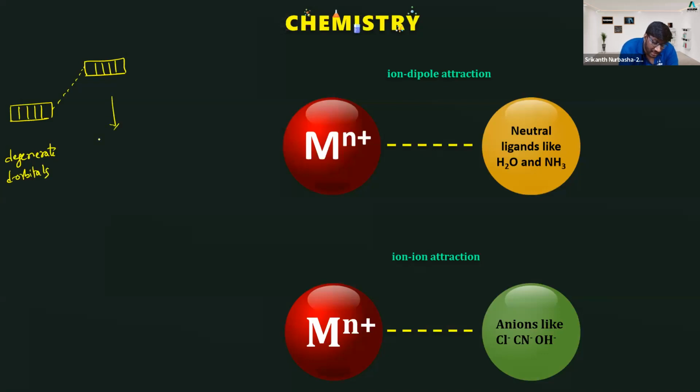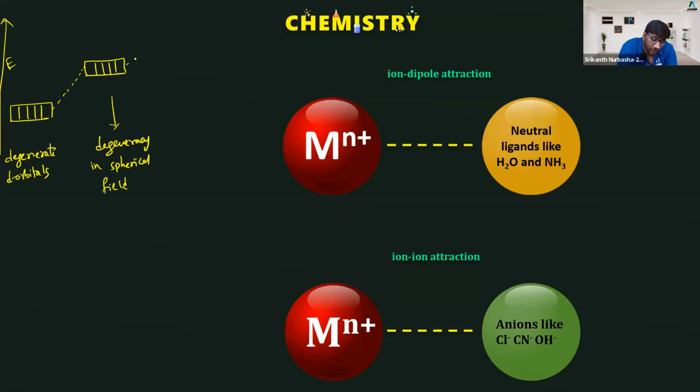The degeneracy still holds in spherical field, because when the ligands are coming from all the directions, like an infinite number of ligands, with the metal ion at the center of the ball and ligands at every point of the circumference, every ligand will be repelling the d orbitals in an equal way. So you have all the d orbitals of the same energy now, but high energy. So degeneracy is still there in spherical field.